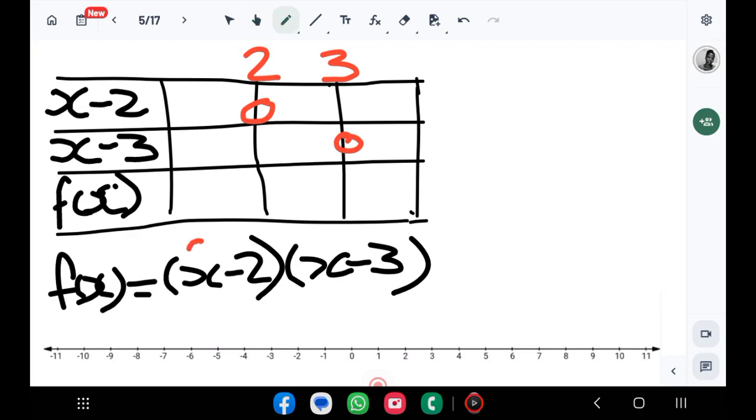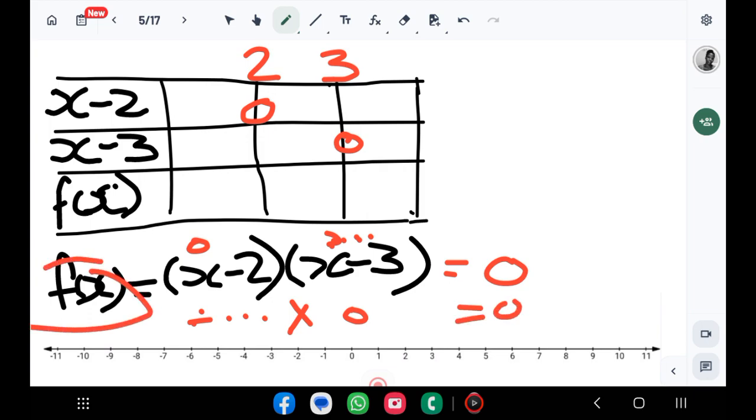It can be anything, but your product will be 0 nonetheless. Same thing for when x minus 3 is equal to 0. When you multiply them together, you will get a 0. So our f of x will be 0 when x minus 2 is equal to 0 and when x minus 3 is equal to 0. Very important, because in some cases, you have a case where your f of x cannot be 0.